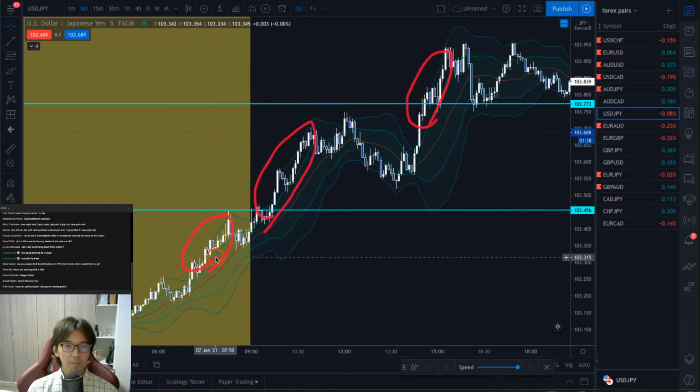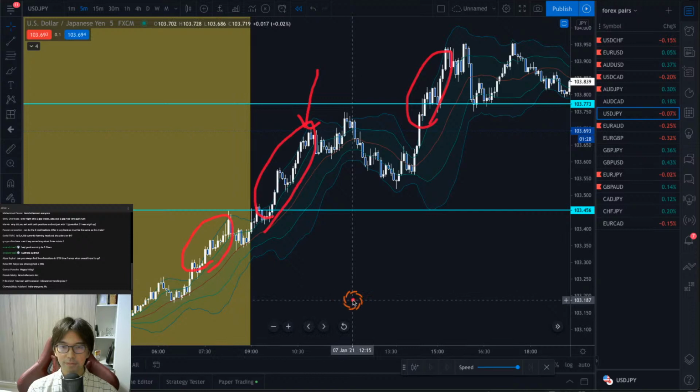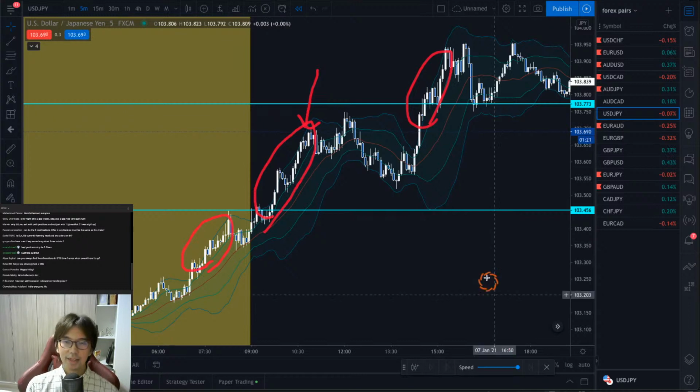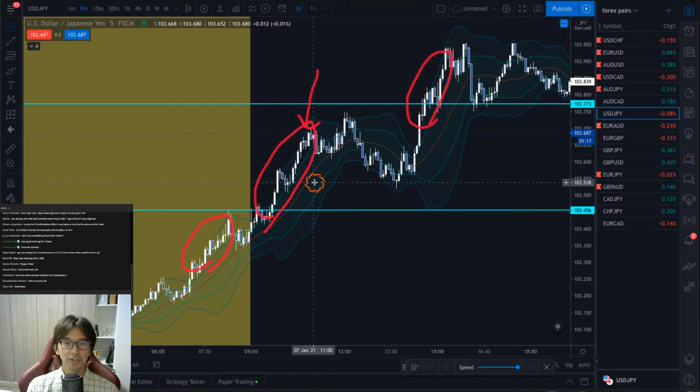But among these 3 band walkings, I would take this one, because like we saw earlier, the higher time frame was trending up on this band walking. So I think this was a great example to take as one of the confirmations to enter.